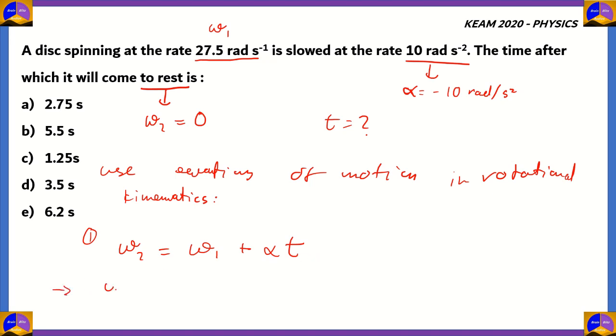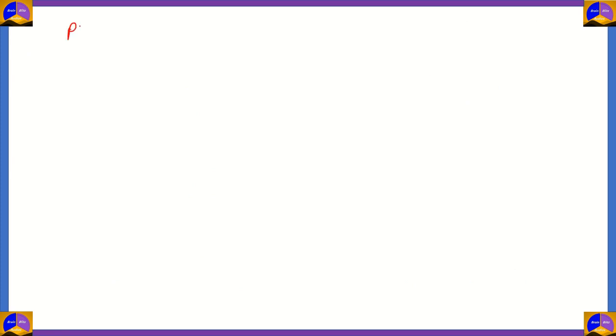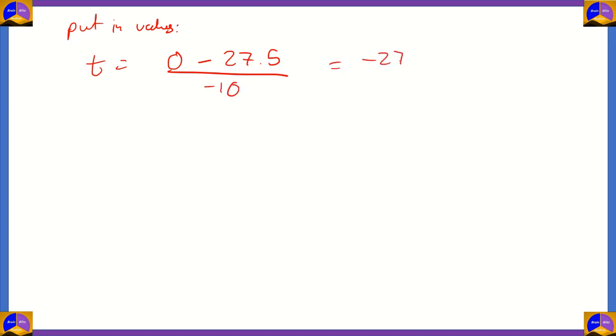From here, you can write omega 2 minus omega 1 as equal to alpha times t. Therefore, the time is equal to omega 2 minus omega 1 divided by alpha. Now we put in the values. t equals 0 minus 27.5 divided by minus 10, so you get minus 27.5 divided by minus 10.